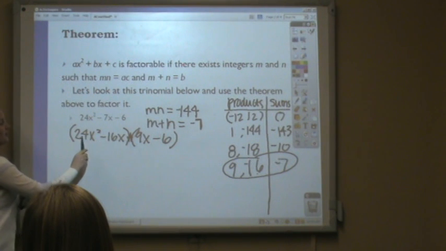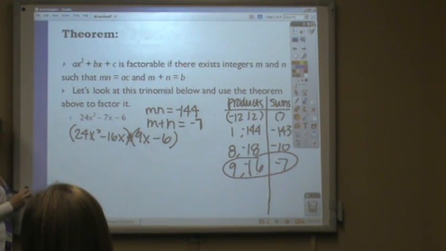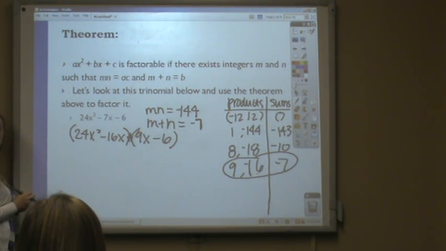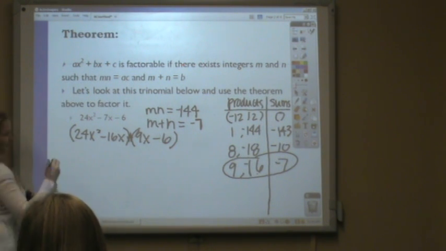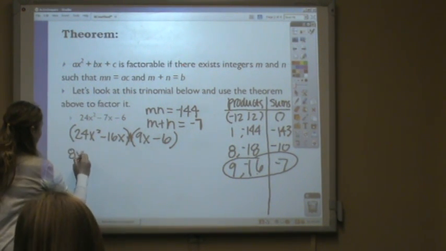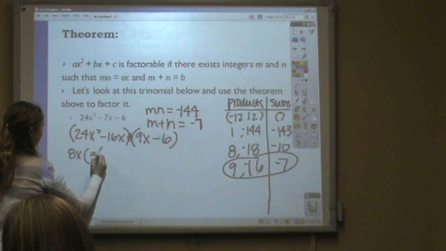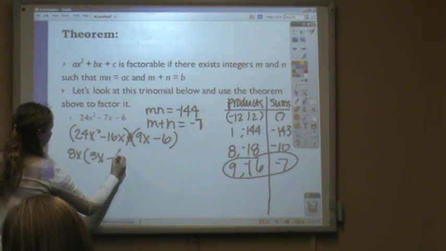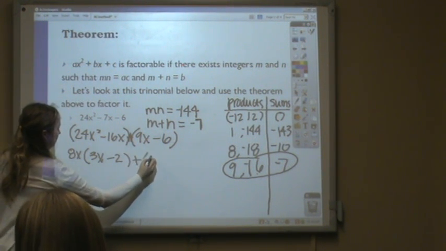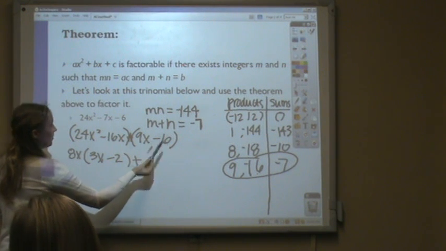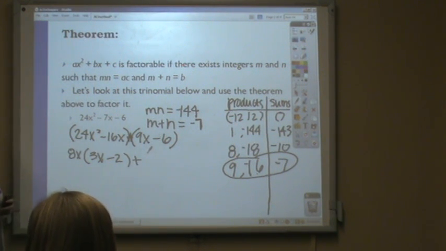So do you see a common factor in 24x squared and 16x? 8x. Okay, what about 9x and 6? 3.